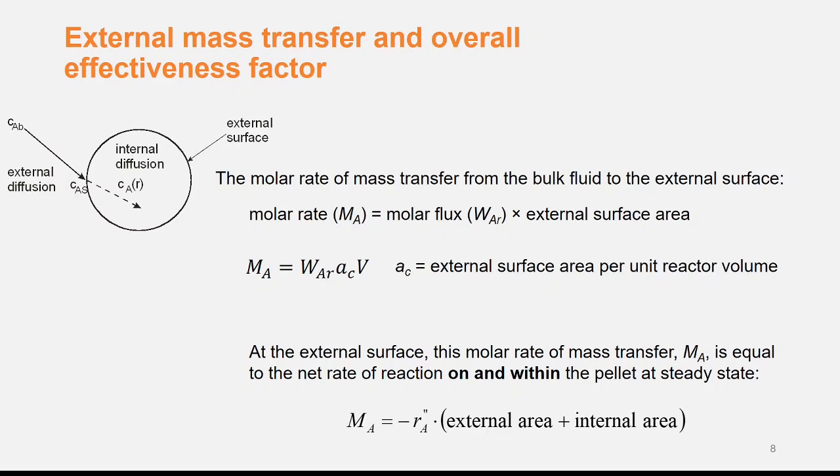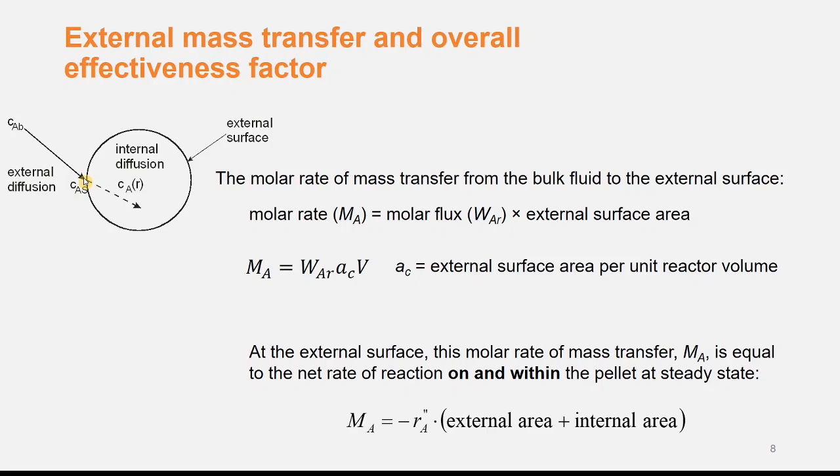Ultimately, what we want to do is calculate the rate of the reaction considering external diffusion, internal diffusion, and reaction. To do that, we need to understand the rate of mass transfer from the bulk phase to the surface of the catalyst.